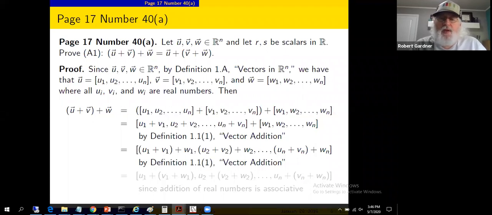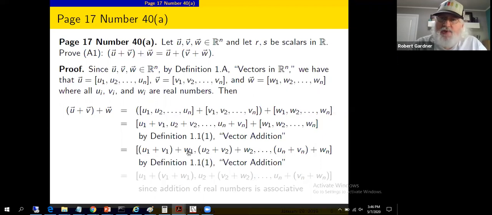All right. Now we're trying effectively to move these parentheses from the u and the v vectors to the v and the w vectors. Well, here we are, component-wise, in a setting where we have, for example, in the first component, this number plus this number, u1 plus v1, added together first, plus w sub 1.